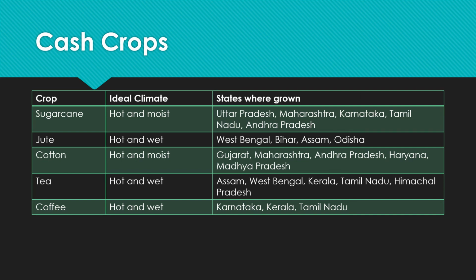Tea. Hot and wet climate is required. The states are Assam, West Bengal, Kerala, Tamil Nadu and Himachal Pradesh. The last cash crop is coffee. The ideal climate required is hot and wet. States grown are Karnataka, Kerala and Tamil Nadu.